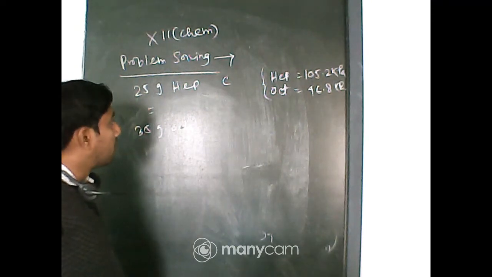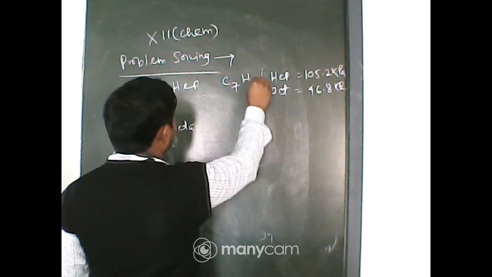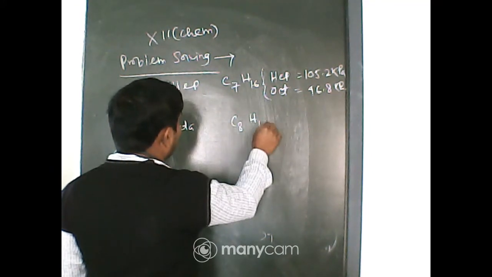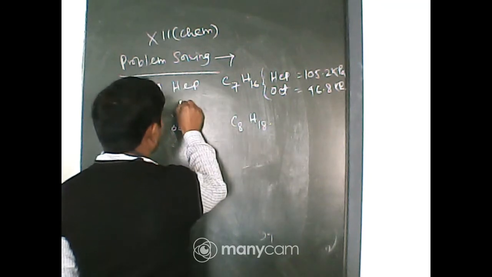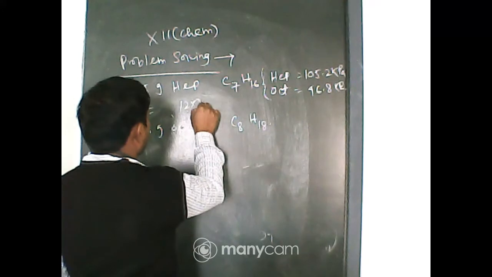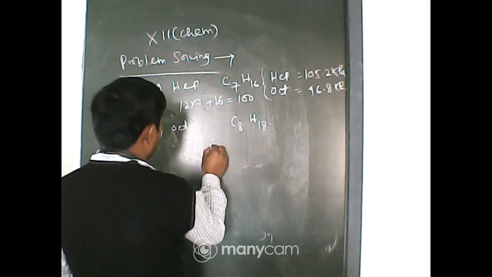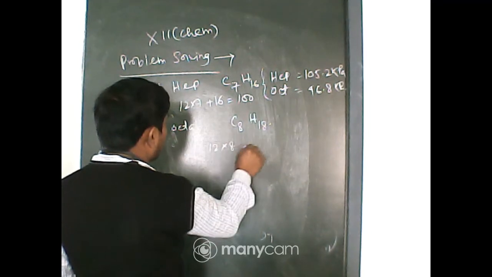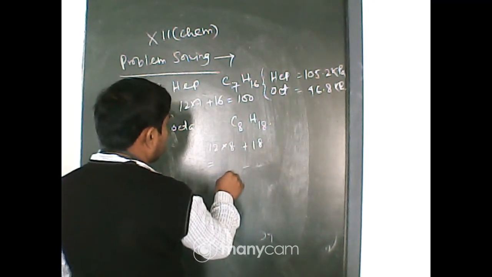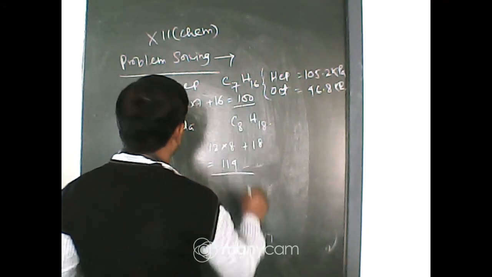Heptane is CnH2n+2, so C7H16, and octane is C8H18. So this is 12 into 7 plus 16, that is 100. Here 12 into 8 plus 18, 96 plus 18, that is 114. So this is 100 and this is 114.